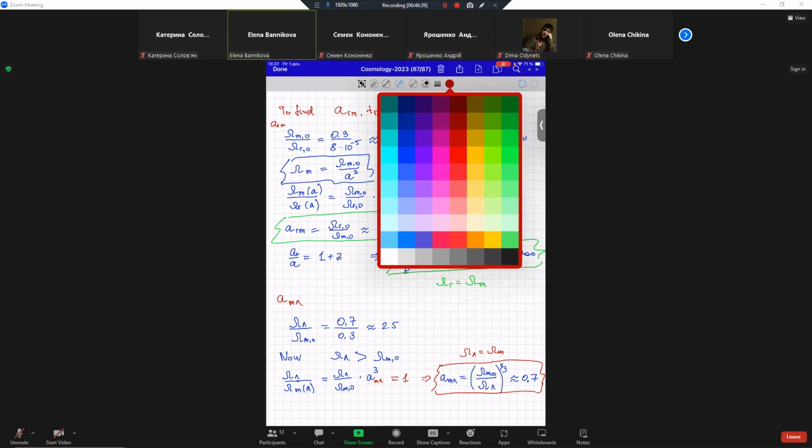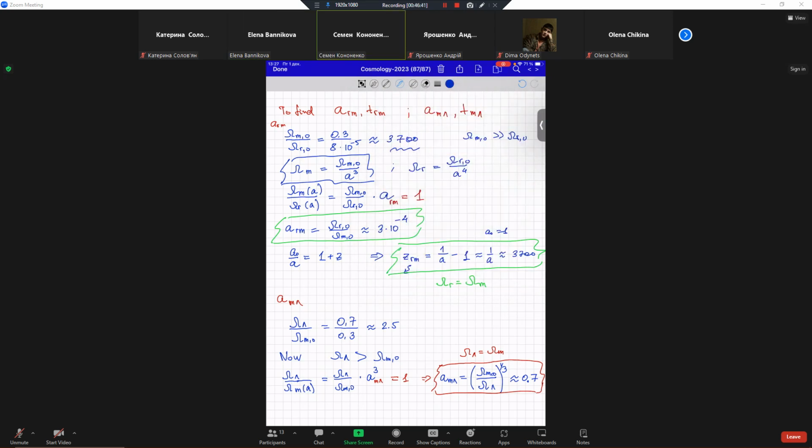And let's consider, why do we have A in first power in the previous case and here in third power? Not grade but power.